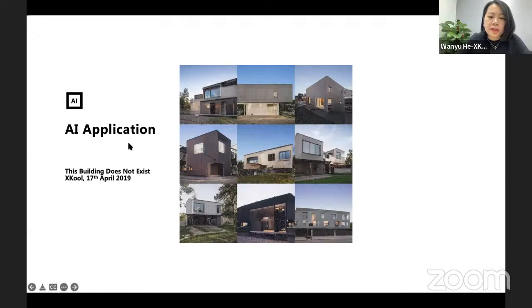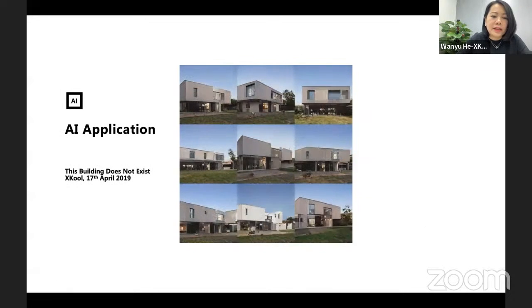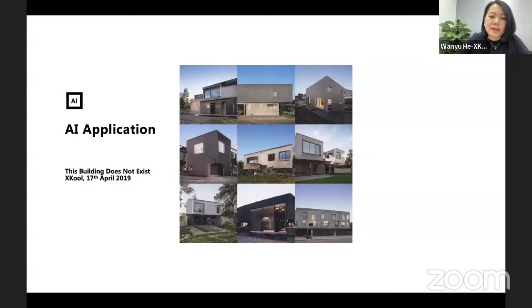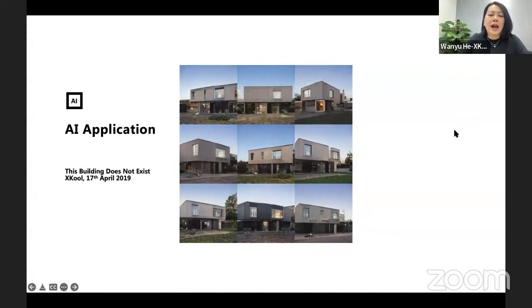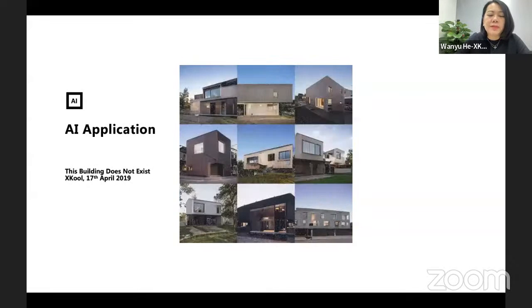What you saw previously and also this video is what we did in 2019, as this building does not exist, one of our paper outcomes of how we use GAN to generate images.